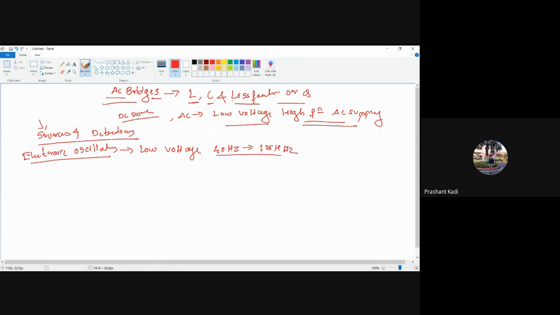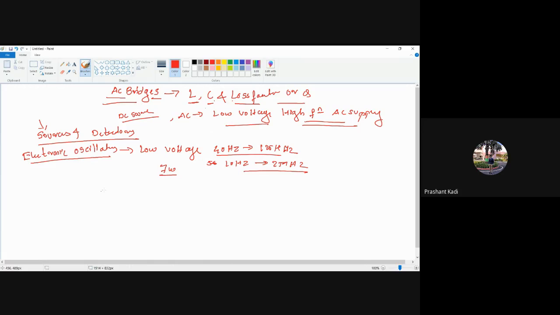Nowadays we can vary the value of frequency from 10 hertz to 2 megahertz. With a small power output of just 7 watt. Remember, range is 7 to at max 10 watt. So these kinds of sources are to be applied to find the inductance and the capacitance.